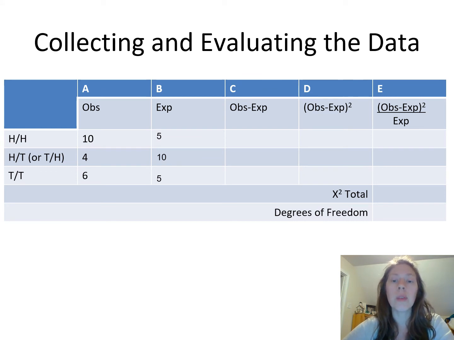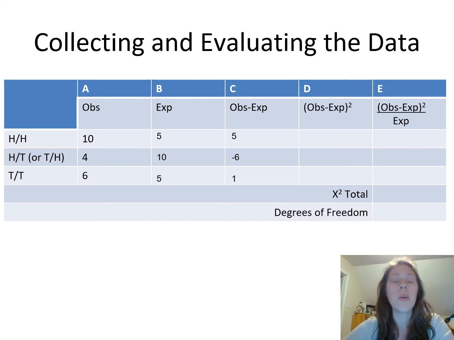Now I really broke this down, and I think when you're first doing chi-square, sometimes it's good to break this down into very small steps. But once you get comfortable, then you could just do the whole calculation, which I don't have here till the end. But I'm going to walk through step by step. So I take observed minus expected.